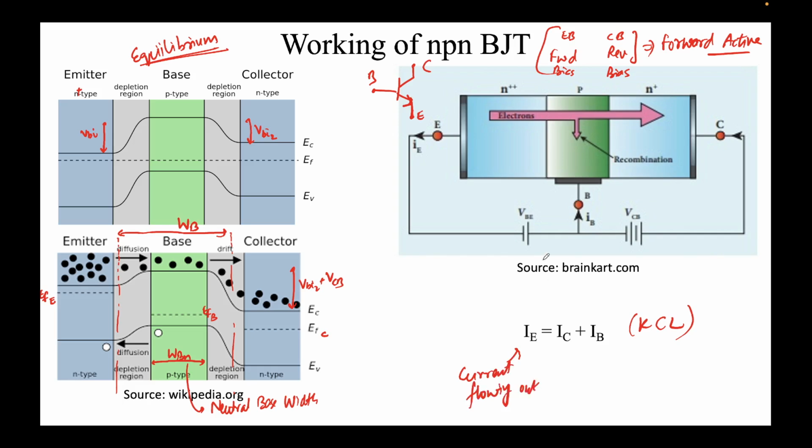See, IE is flowing out, and IB and IC are the currents flowing in. IC is here. So this must be satisfied irrespective of whatever is happening inside. If you take a macroscopic, bird's-eye view, this is how it will look: IE is coming out, and IB and IC are flowing in. How they're flowing in, I'll try to explain over here.